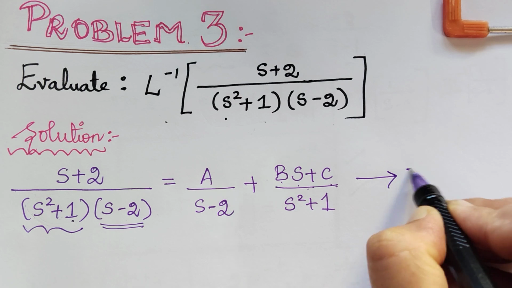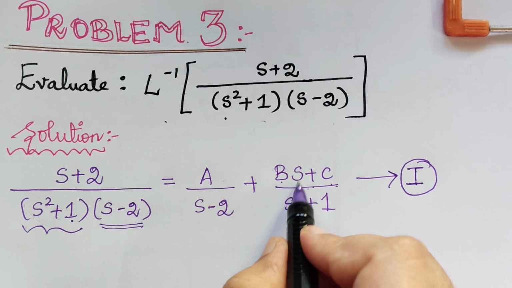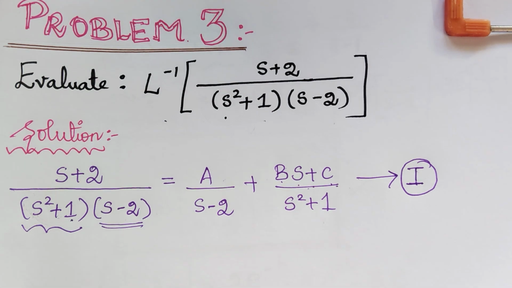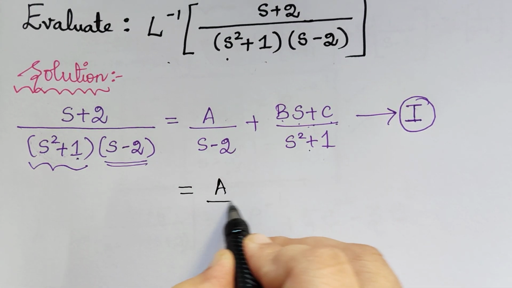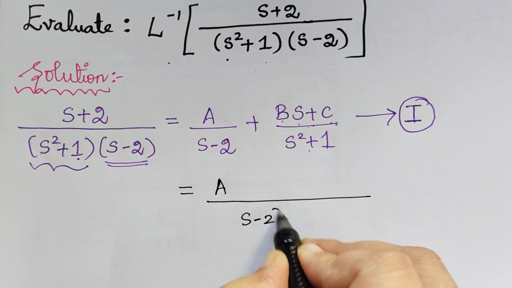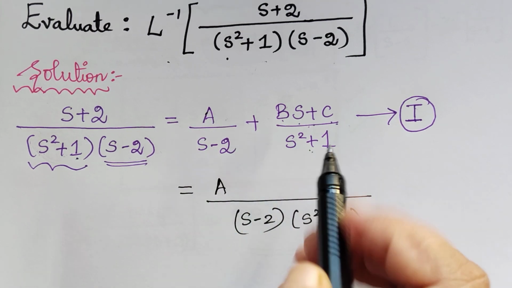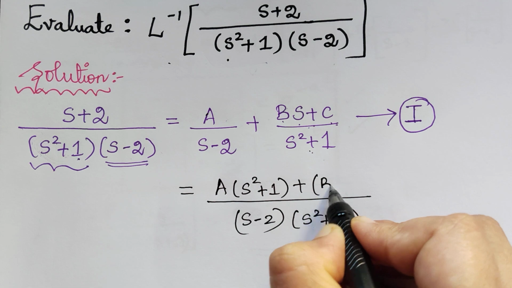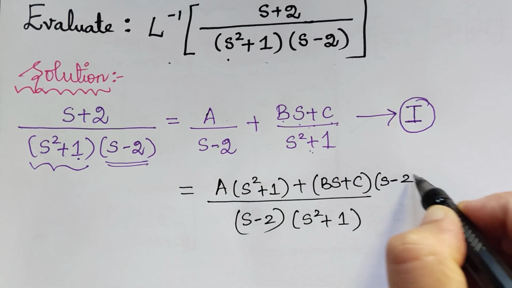So let me mark this as 1, so that after finding the value of a, b and c, we can substitute here. Now we have to take LCM on right side as usual, like how we were doing before. So on the right, in the denominator you will have s minus 2 multiplied with s squared plus 1. So a has to be multiplied with s squared plus 1 plus bs plus c has to be multiplied with s minus 2.